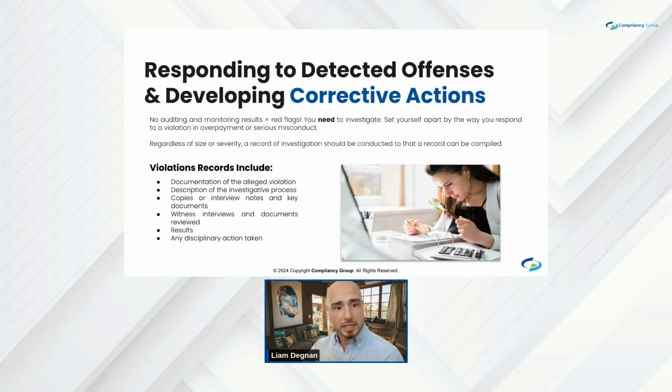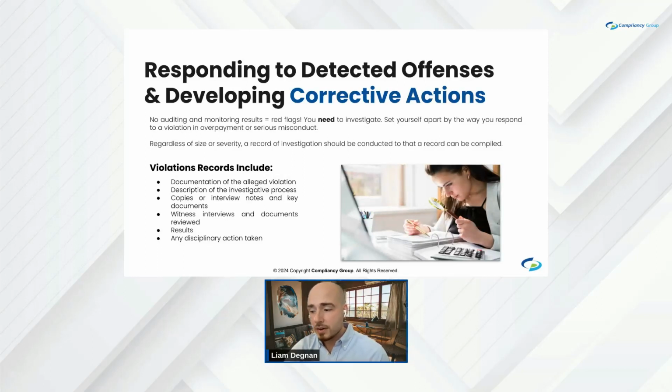Now, this goes two ways, right? So you should be implementing corrective actions when you find issues in your assessment, because that's how you show progress and how you can prove that you're making a good faith effort as a company. But also when you detect offenses through, let's say, some of those incident reporting mechanisms that we talked about. If an employee notifies you of an issue and you investigate it, you should be really well documenting the actions that you're taking to resolve that issue.